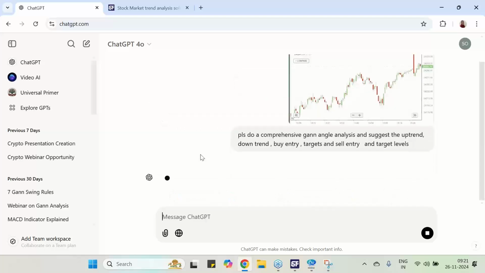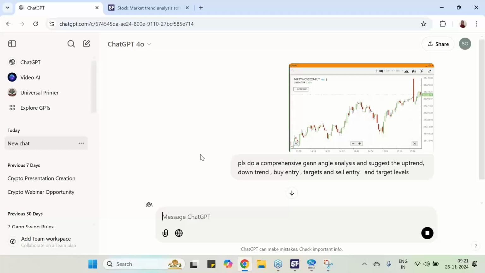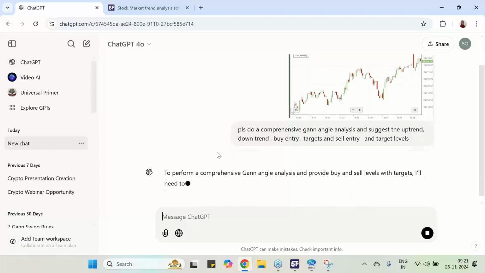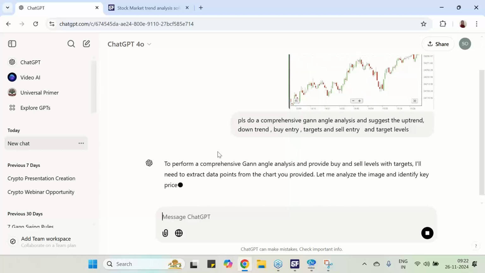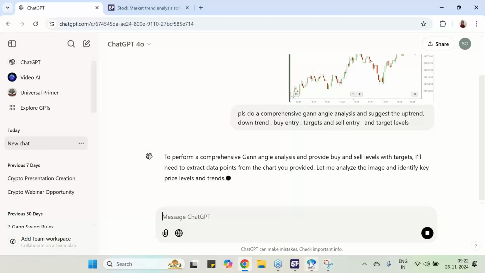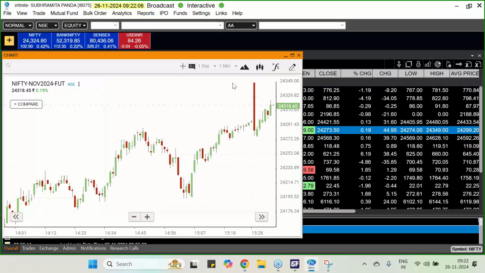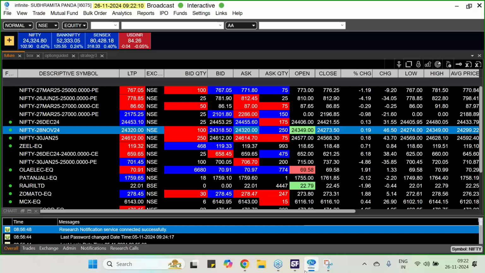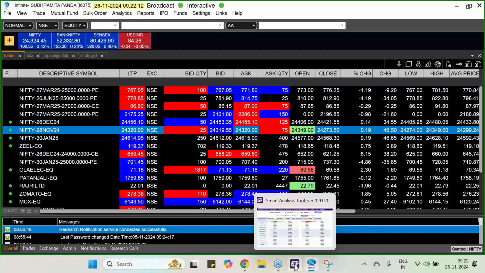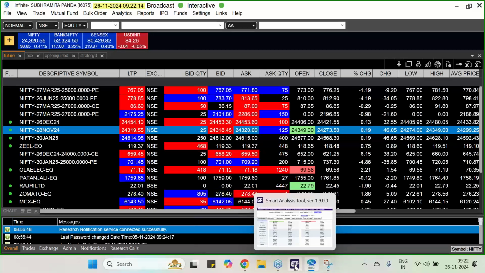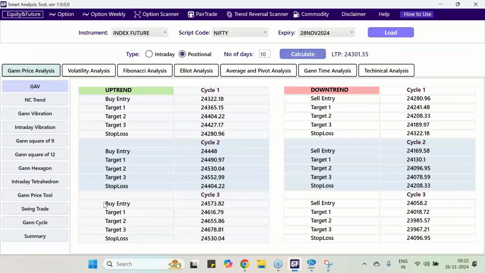So I have given the Gann angle. When I say comprehensive Gann angle analysis, it will take the Gann angles one by one, and other things. It will not have any role for volatility and other things. Volatility will not be a part of this.